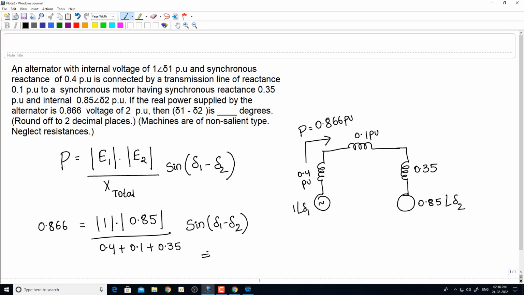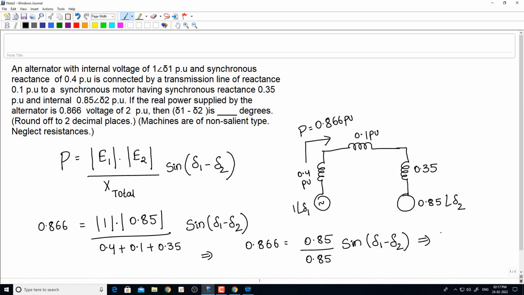So, if we simplify, 0.866 is equal to 0.85 divided by 0.85 into sine of delta 1 minus delta 2.